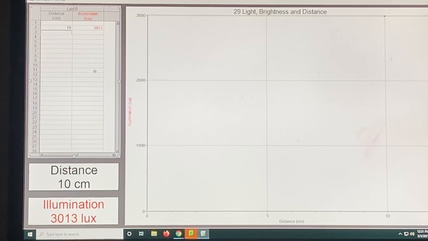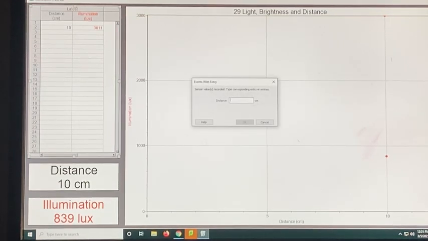So next we're going to move it to 20 centimeters, twice the distance, so we're going twice as far, and enter that. Put in 20 centimeters.